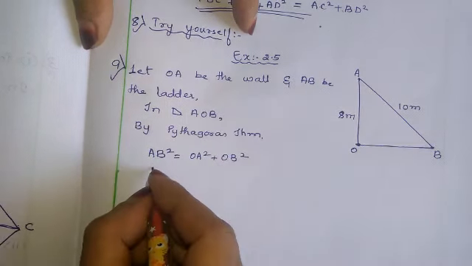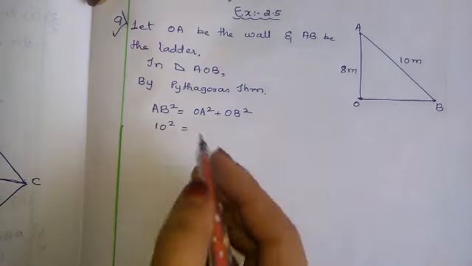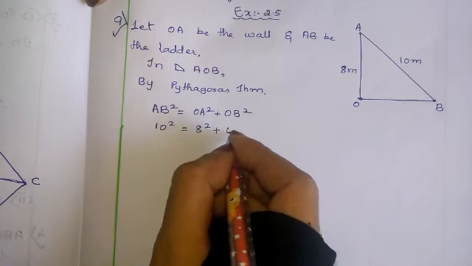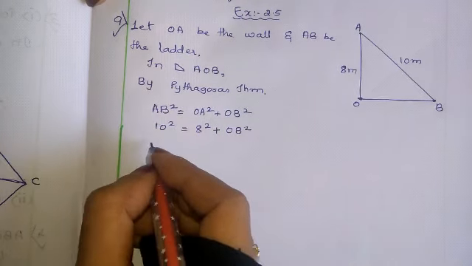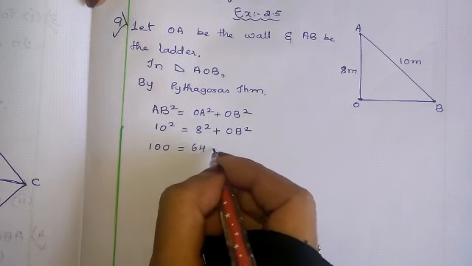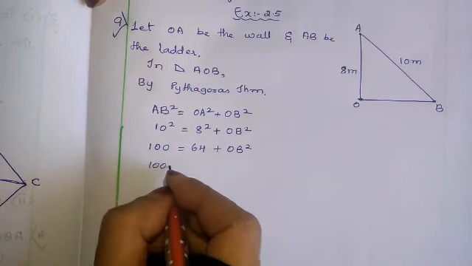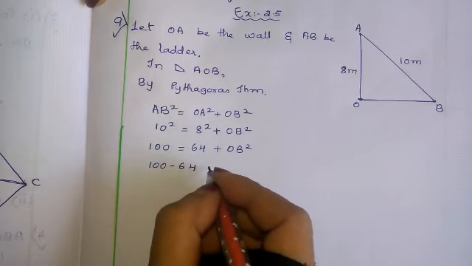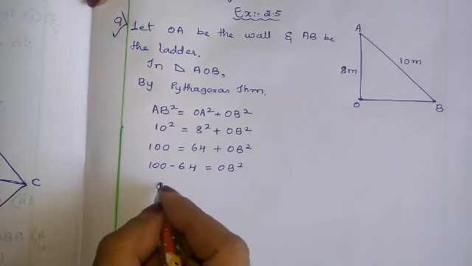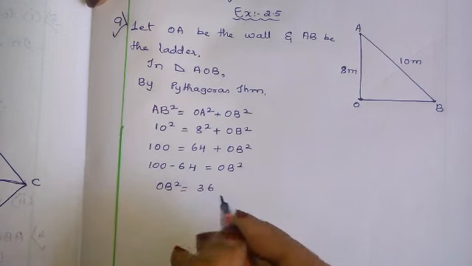AB they have given 10, so 10 square is equals to OA 8 square plus OB square. 10 square is 100 and 8 square is 64, plus OB square as it is. 100 minus 64 is equals to OB square. OB square is equals to 36.